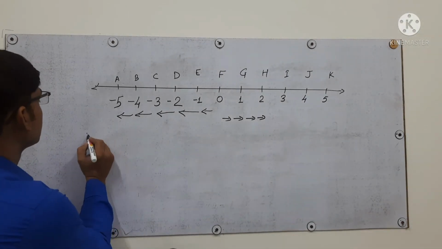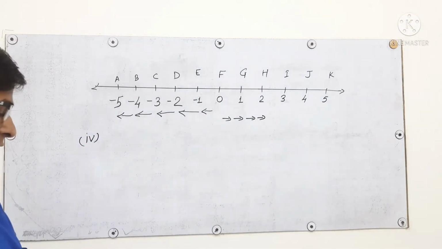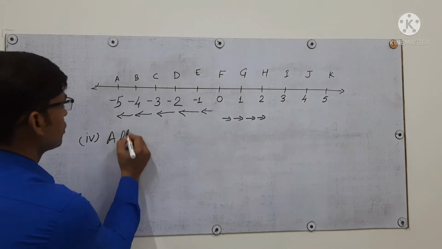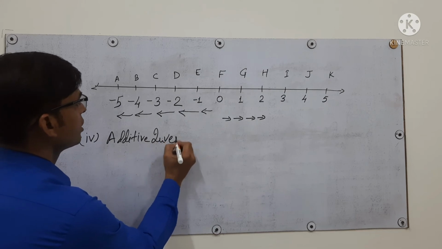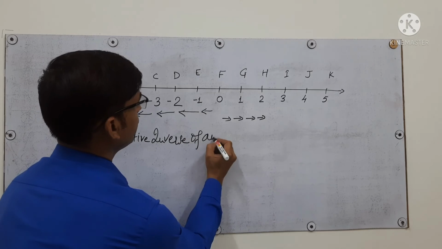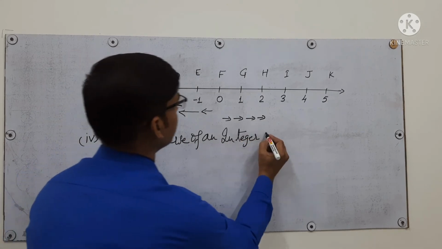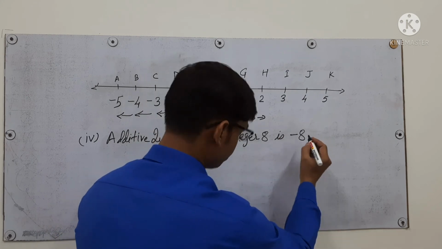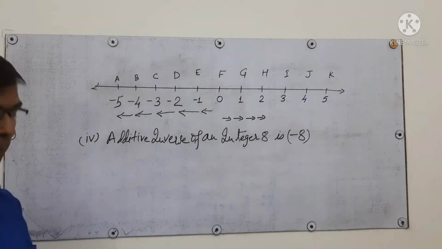Okay, so I am writing: additive inverse of an integer 8 is minus 8.